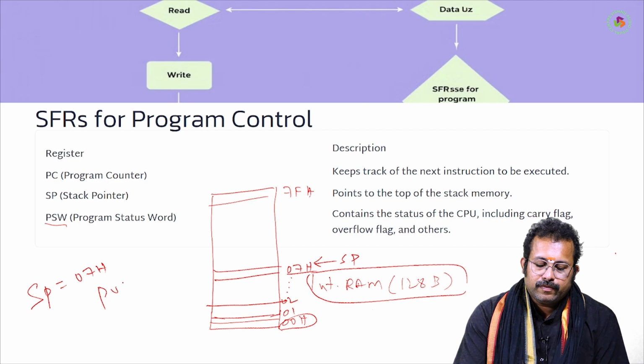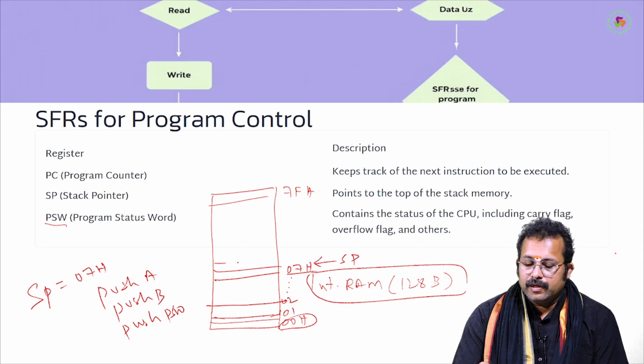If I use push A, push B, push PSW continuously, obviously A will be pushed onto the address 08H, B will be at the next address, and at 09, PSW will be there.